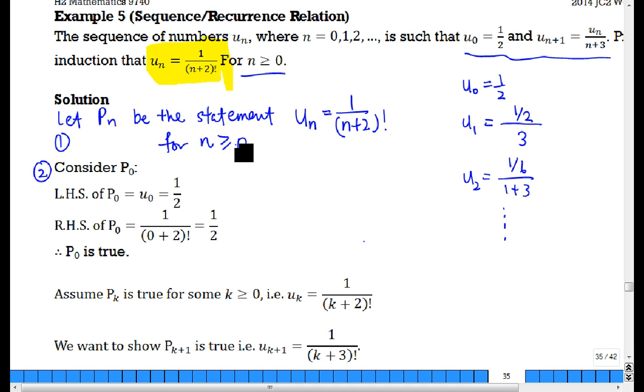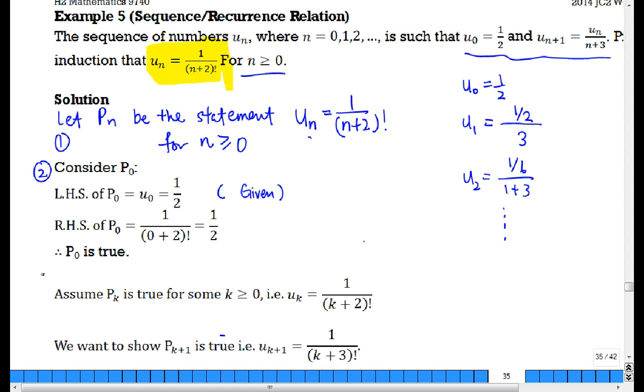Explicitly, left hand side, what is U0? U0 is half. Let's write this, given, because U0 is half is given in the question. Right hand side, substitute 0 into this, you get 1 over 2 factorial, you get half. So half, done. P0 true, done.